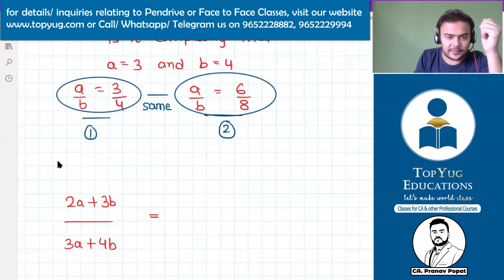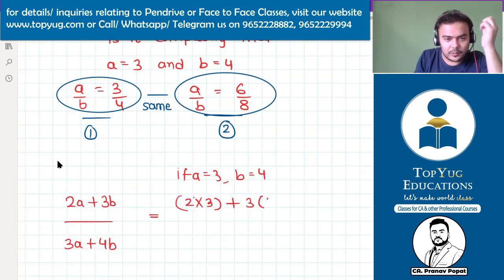First, let's take A equals 3, B equals 4. Solve it. 2 into 3 plus 3 into 4, whole divided by 3 into 3 plus 4 into 4.